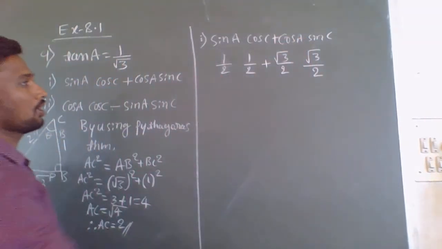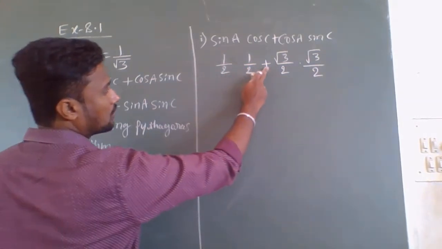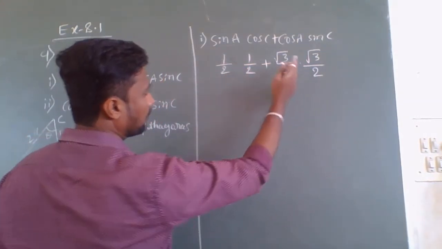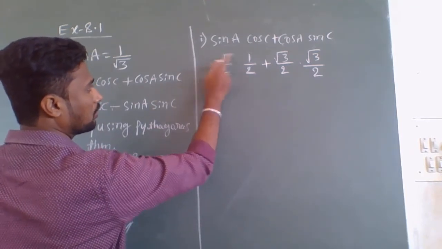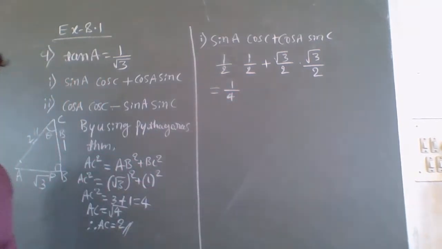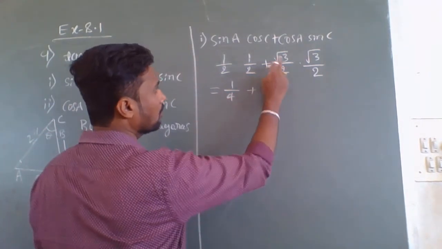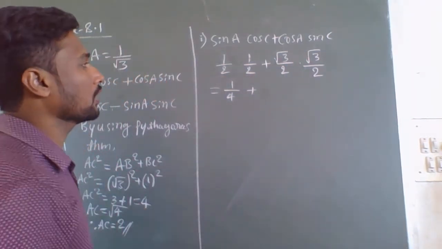So now we have 1 by 2 into 1 by 2 plus root 3 by 2 into root 3 by 2. 1 by 2 into 1 by 2 is 1 by 4.